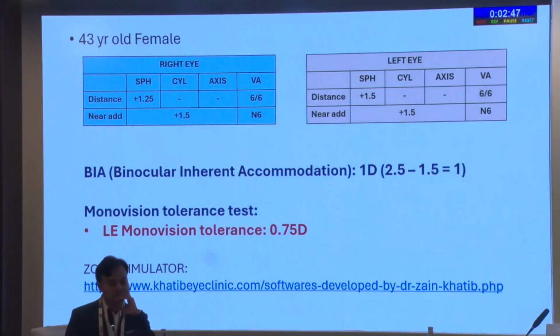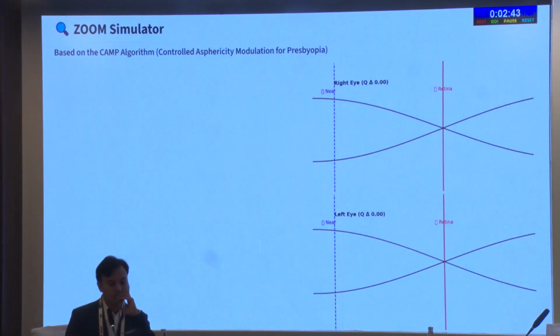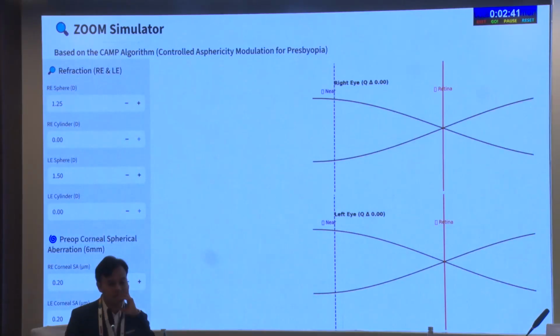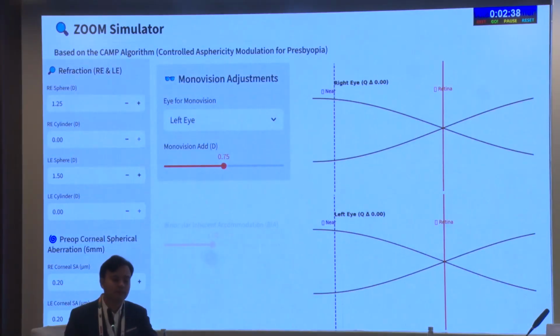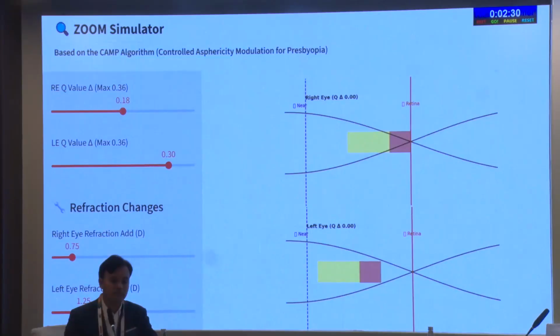And we then go into the Zoom simulator, which is freely available online. It shows you these ray diagrams, and then you can just feed in all your data over here, feed in the monovision, feed in the binocular inherent accommodation. It will show you how much depth of focus is coming from the treatment itself. Then we can add Q value change up to a maximum of 0.36, and the refraction changes.